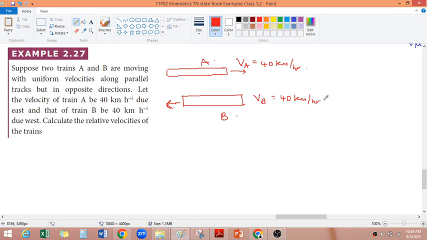Calculate the relative velocities of the trains. I think we already did this. The relative velocity of A with respect to B is VA minus VB. VA is plus 40, VB is minus 40, so this becomes 80 km per hour.